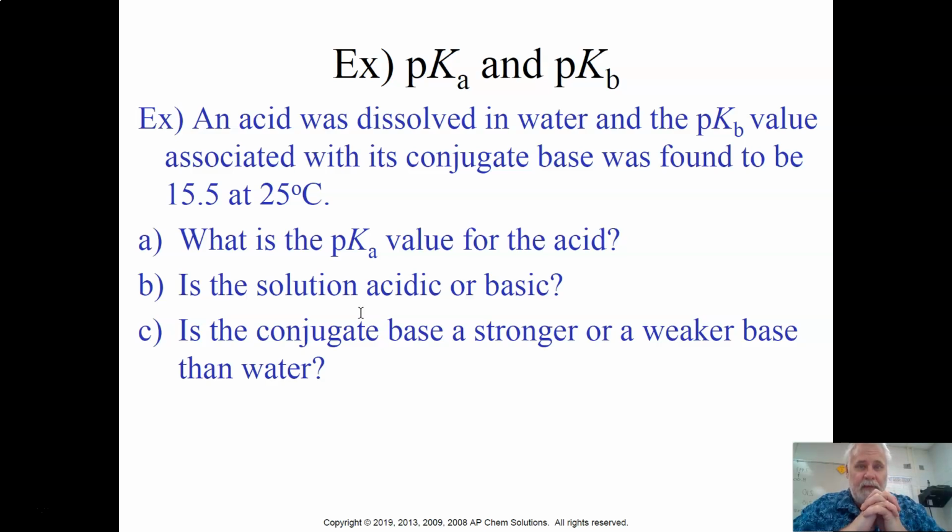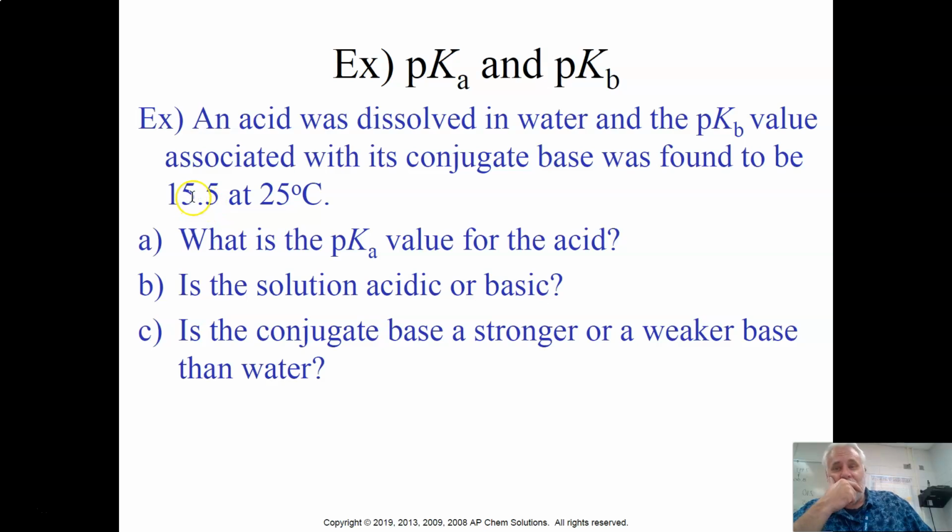If you know the pKb value associated with it was found to be 15.5, you know that to figure out the pKa, you have to add those numbers up to get 14.